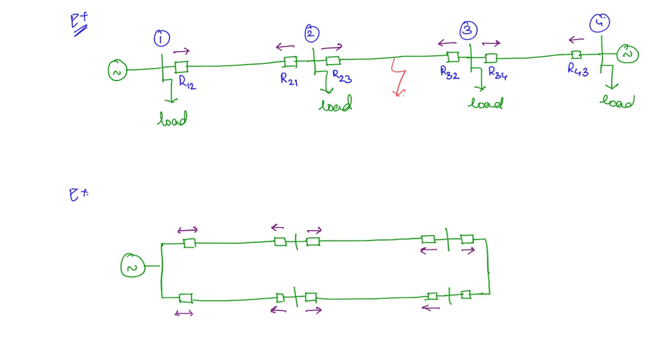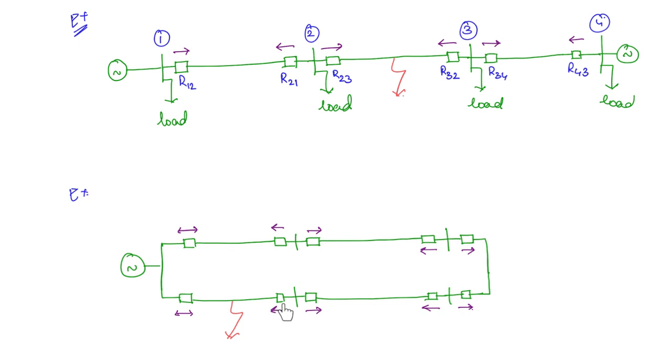So what is the purpose of this kind of protection scheme? Let us say there is a fault occurring at this point. If this relay operates, then the circuit will be broken off, so no power will flow from here, but it will flow from this side. So this relay also should operate, right?